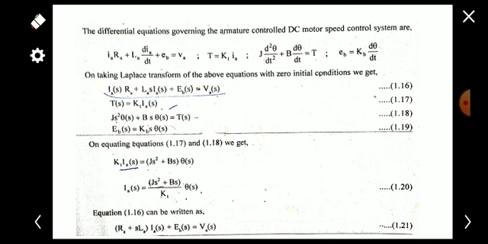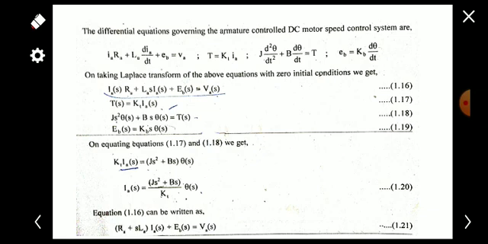Here in equation 1.16, Ia(s) is taken outside, and we obtain an equation like that. And we are going to substitute the value for Ia and Eb here, because we have to obtain the transfer function of the armature controlled DC motor.